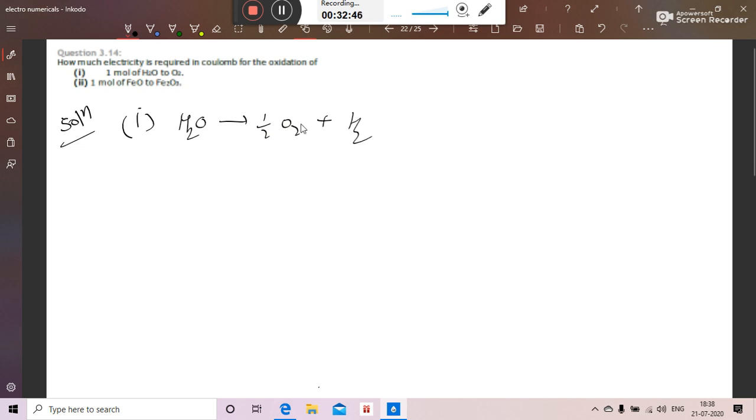Now here we will see that in this reaction, if you write down the oxidation reaction, it will give you O2 plus H plus electrons.